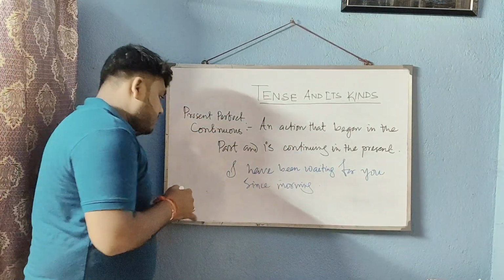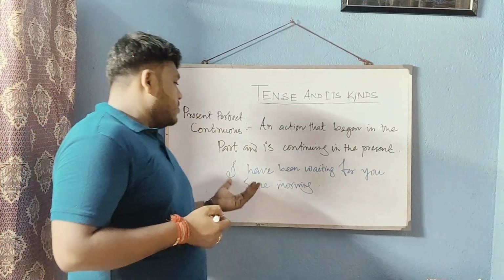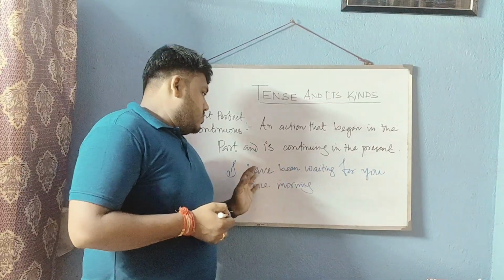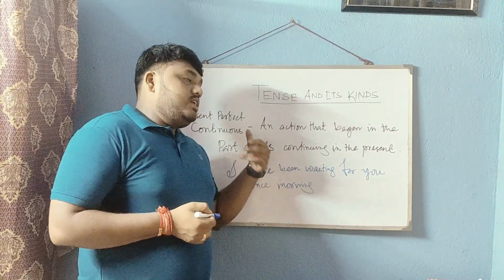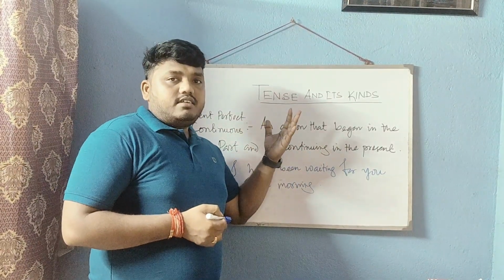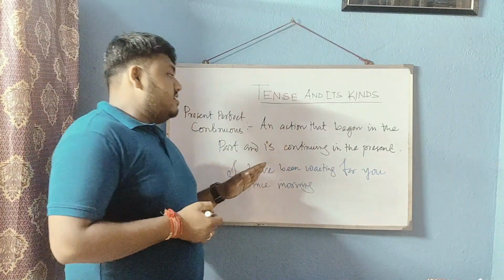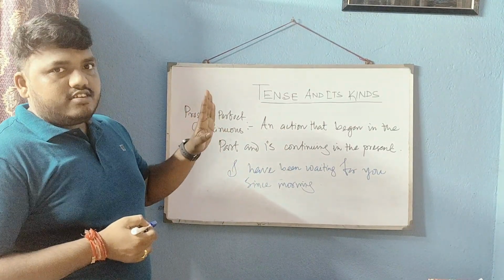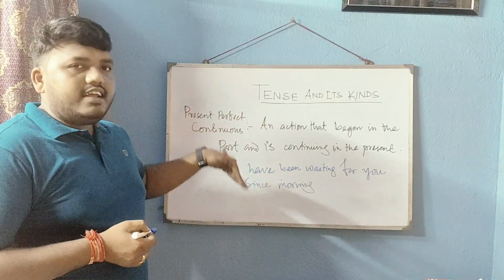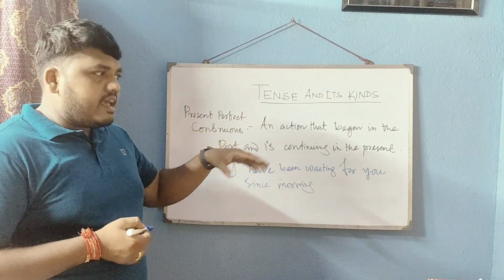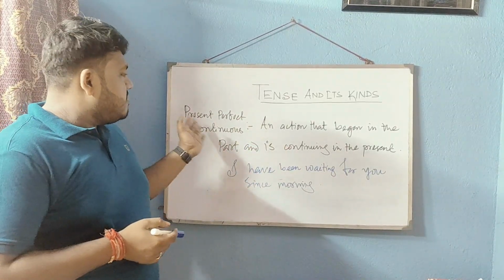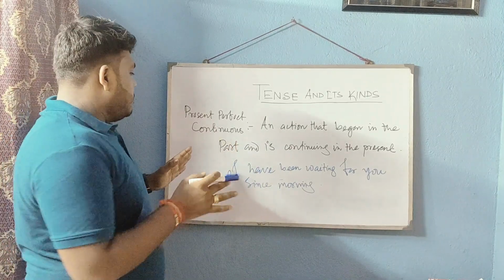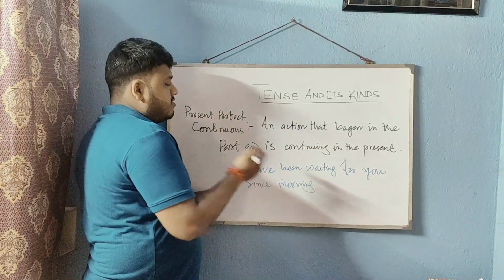So a friend of yours has been waiting for you since morning. He or she started waiting in the past and is still waiting for you. The action started in the past and is still going on. In such cases, we use present perfect continuous.